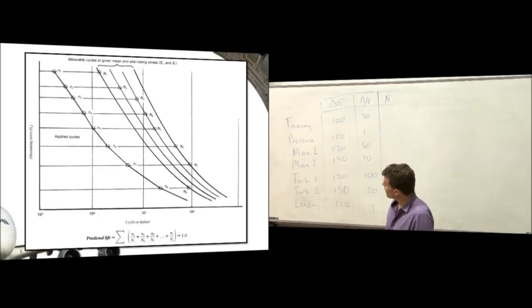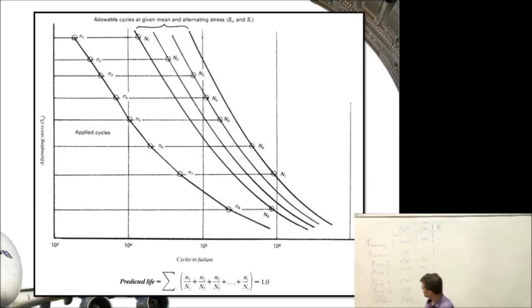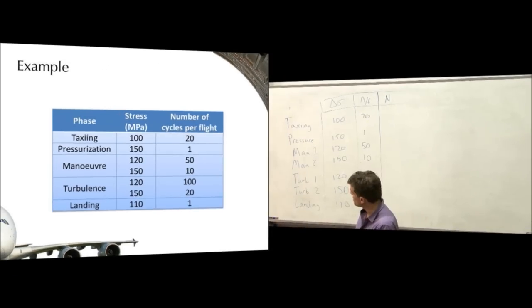Now, we can be quite complicated about how we do this, and this is an example from Flabel, I believe, which is one of the textbooks that has been assigned to the course. We can look at different SN data to work this out, but the example we'll do here will be much simpler than that, and we'll assume that everything has a mean stress of 0 so that we can use our nice data we had before. Okay, so this is the table of data.